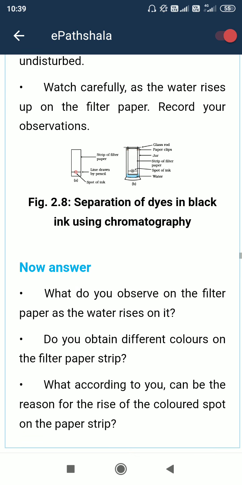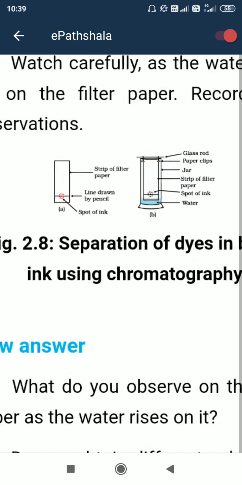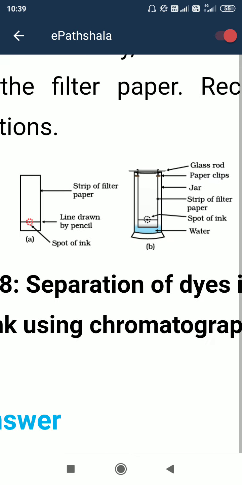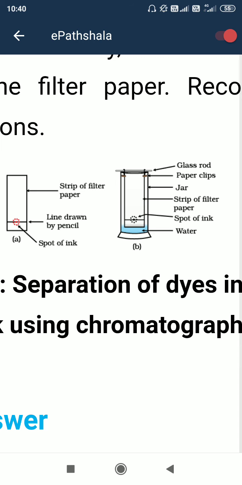So chromatography, see, this figure will be enough. The mixture is first plotted as a single spot on a strip of filter paper. Now see in figure B, water is there.